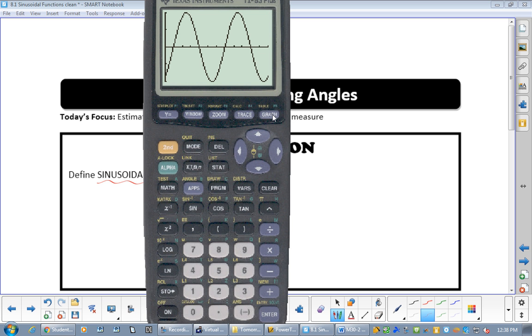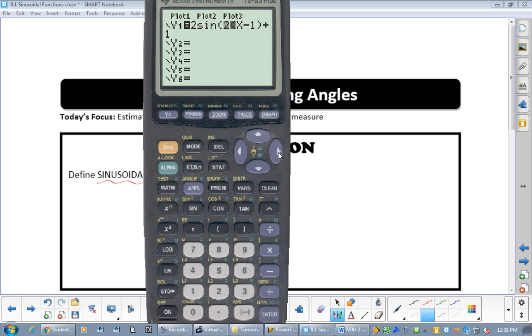Oops, I need to put a bracket in here. Okay, so I've moved the graph to the right.